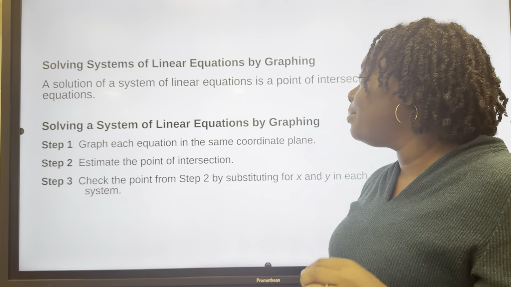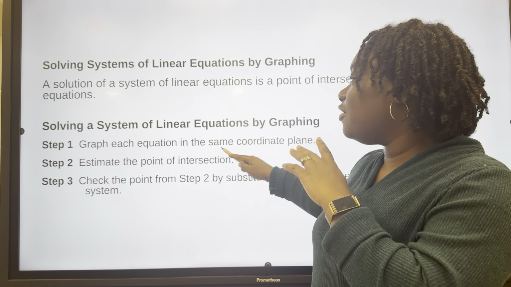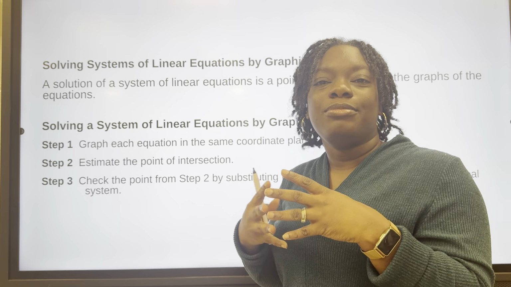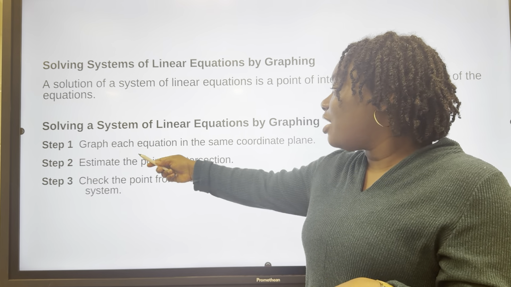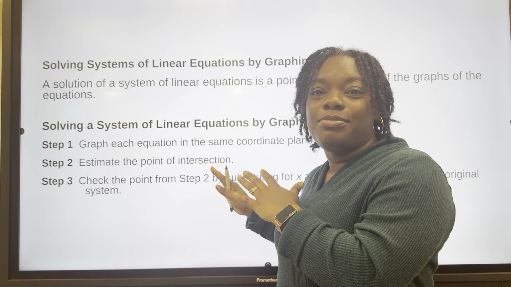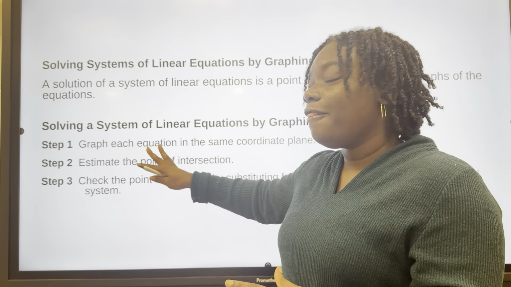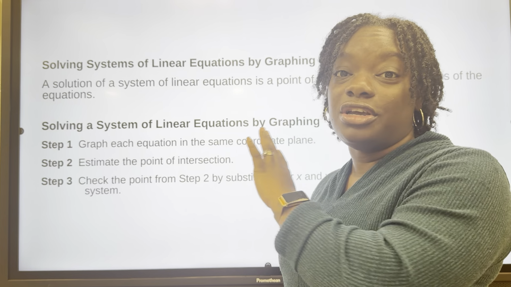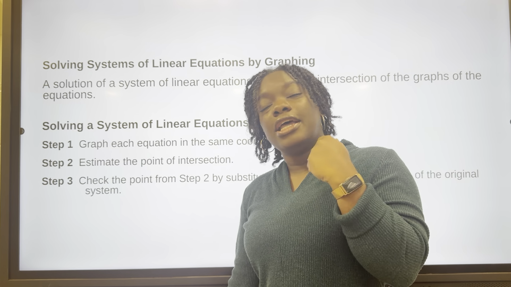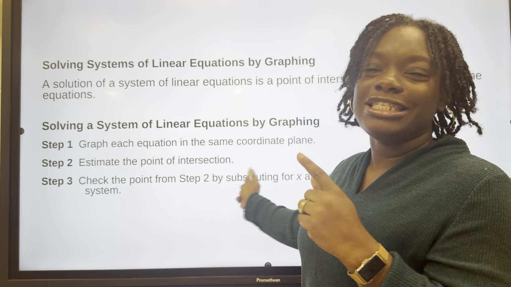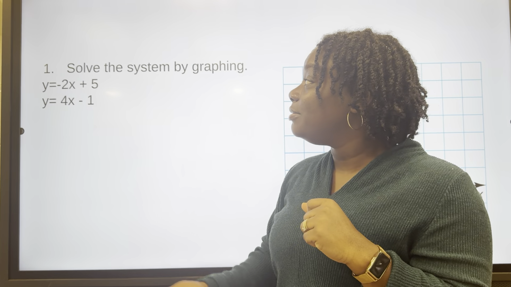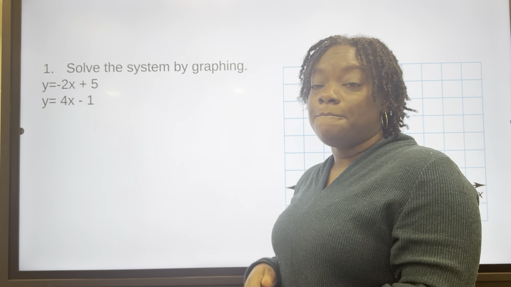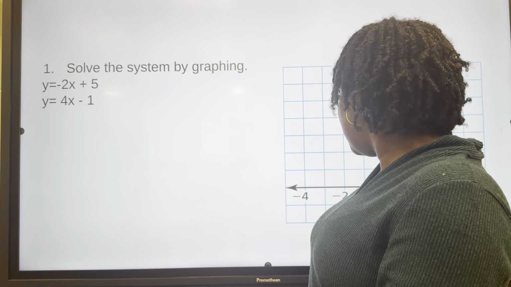The first step is to graph each equation on the same coordinate plane. The second step, estimate the point of intersection, and thirdly, check your point to see if it makes the equations true. Then we'll know that that's our solution. So let's dive right into it. We're going to look at two simple examples today.